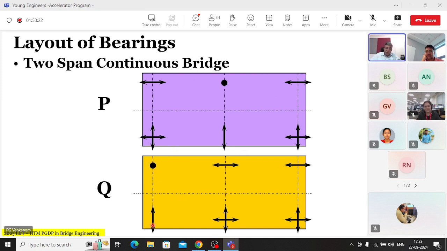Please remember that here also the guide is towards this fixed one, all these guides, and the free end doesn't matter. So under what circumstances will you choose Q? The choice of P arrangement versus Q arrangement will depend on what all factors? Or the other way around, will you choose P always?